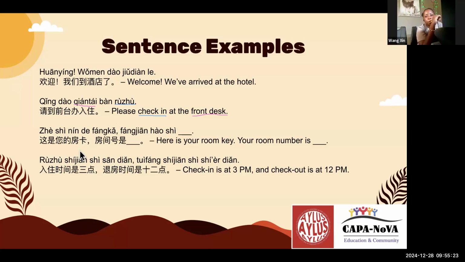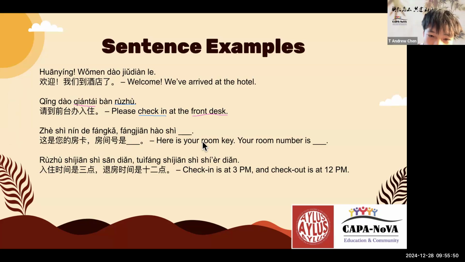Now let's go to the next one. Okay. So next we have: here is your room key. Your room number is 1. Room key from before, from the hotel vocab, is 房卡.